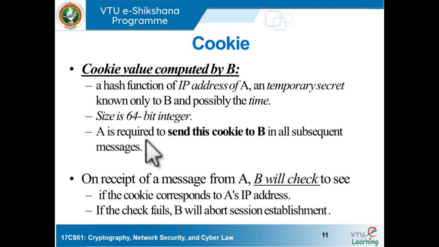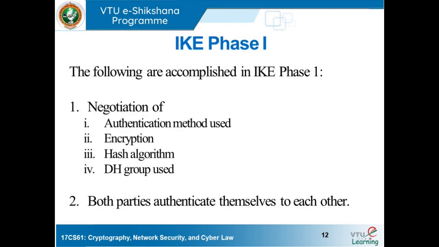Now, A will receive this cookie from B, and every time A wants to communicate with B, it has to send this cookie to B. Upon receipt of this message from A, what will B do? B will check whether the cookie corresponds to A's IP address, and if this fails, B will simply abort the session establishment, that is the IKE session association establishment.